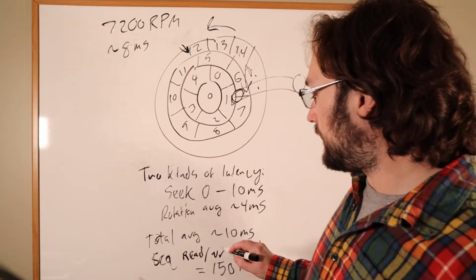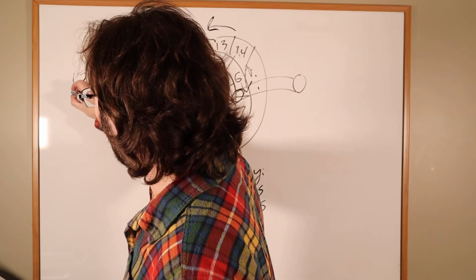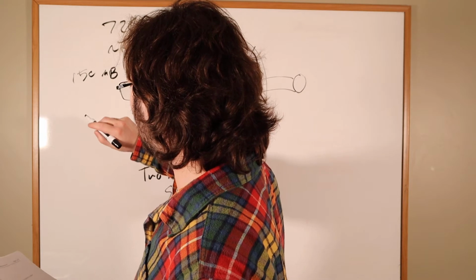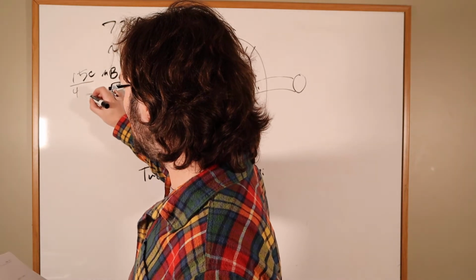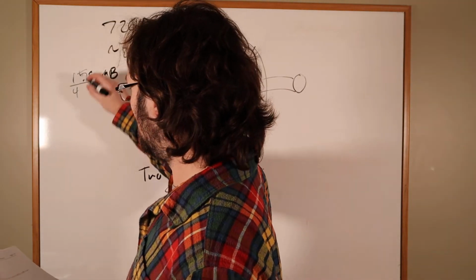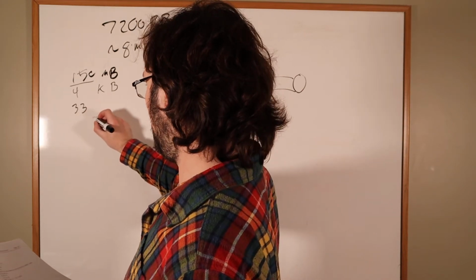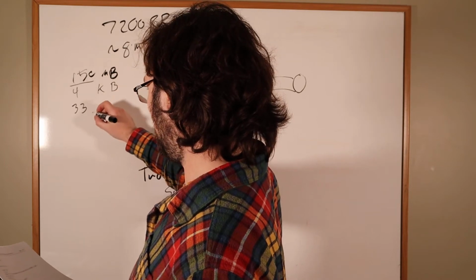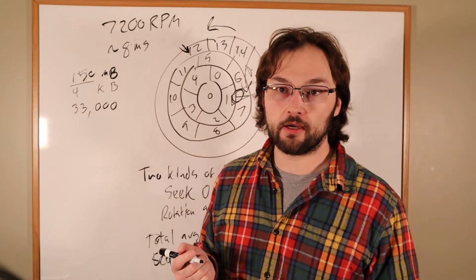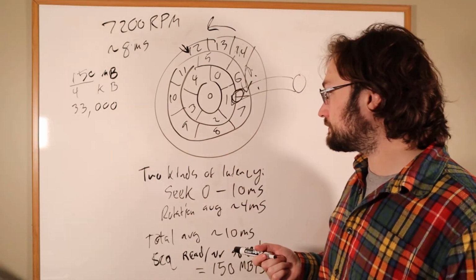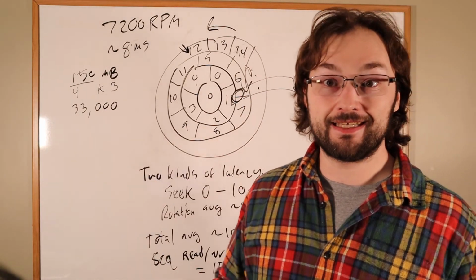So if we want to do 150 megabytes, and we want to figure out how many 4K blocks that is, 150 divided by 4 is going to be like 33, and megabyte divided by kilobyte is going to be 1,000. So we have like 30,000 disk blocks here. Now, 30,000 disk blocks randomly scattered around the disk, that means we're going to have to do 33,000 seeks.